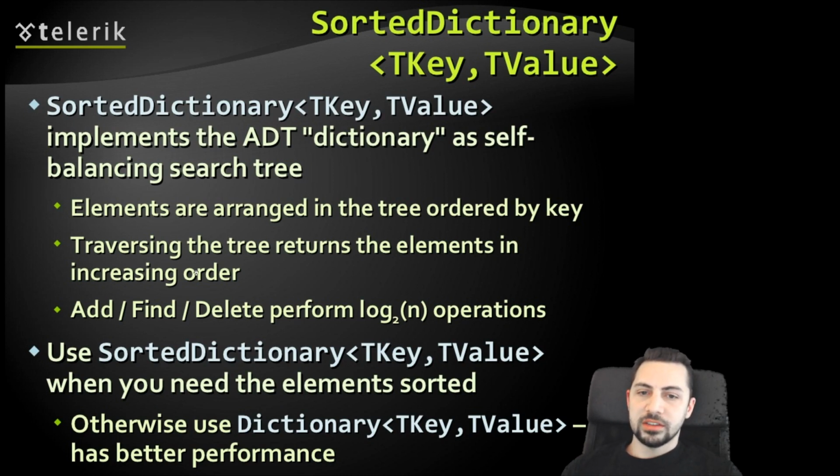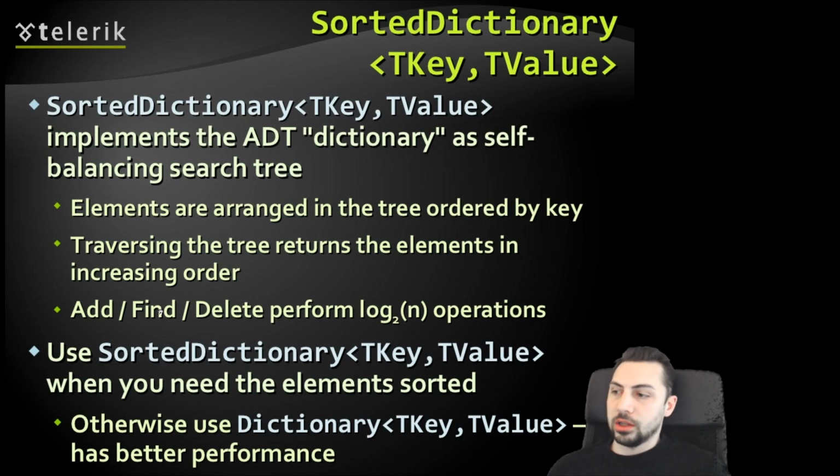So it's a little different from a dictionary, where the dictionary is a constant time operation. It just takes the time to hash the key, and then it can get there in constant time. A sorted dictionary is worse performance. It's log, specifically log base 2 of n. So we call it log n.